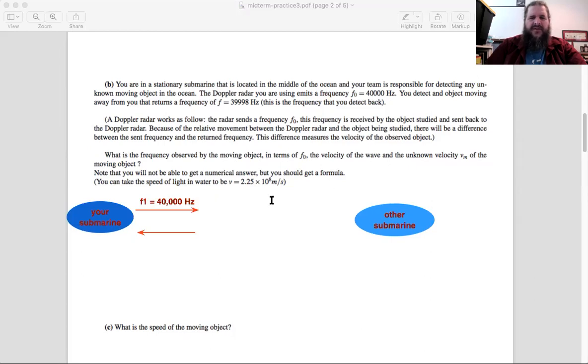It bounces off of the other submarine. And in so doing, it's going to change. So we're going to have to take into account the ray of light hitting the other submarine. And the other submarine is actually going to detect this as a different frequency. Because why would the frequency produced by your submarine and the frequency absorbed or observed by the other submarine be different?